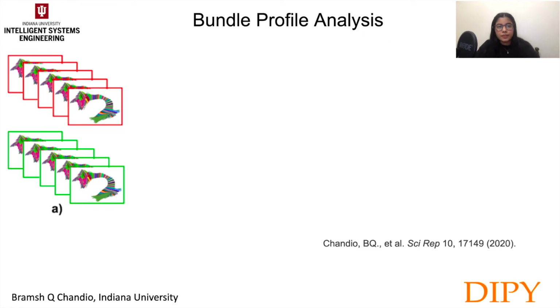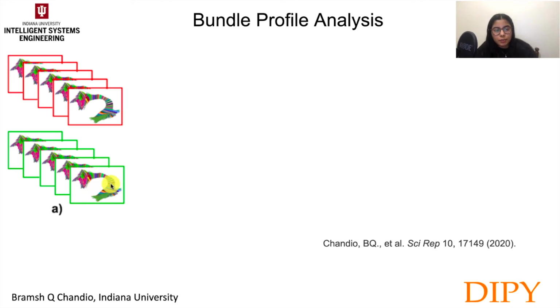So we save this information about these created segments and the DTI measures projected on it, for example, FA or MD. And then we give this data where we have data coming from two groups. In the red we have patient data, and in the green we have control data.